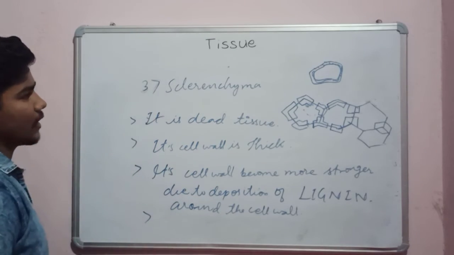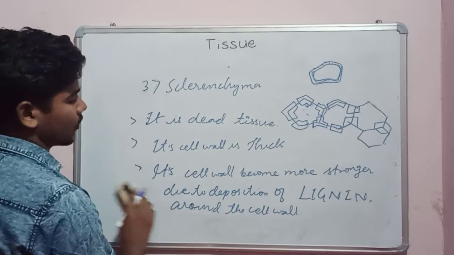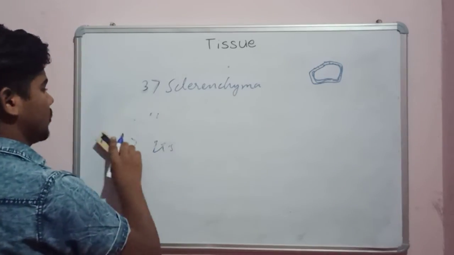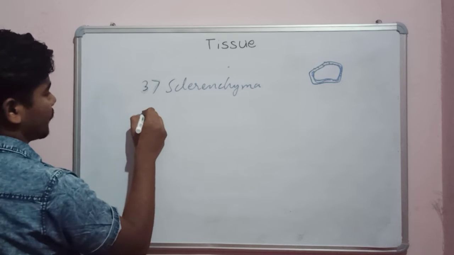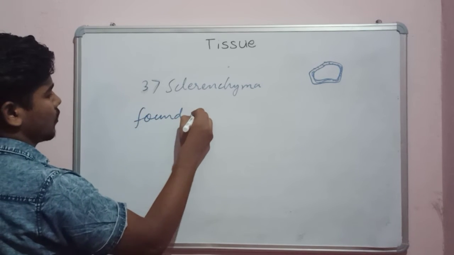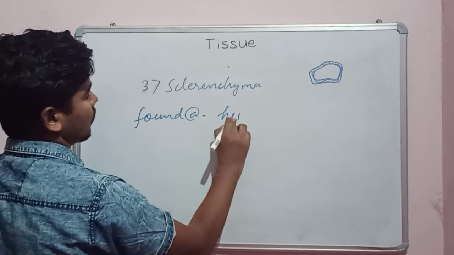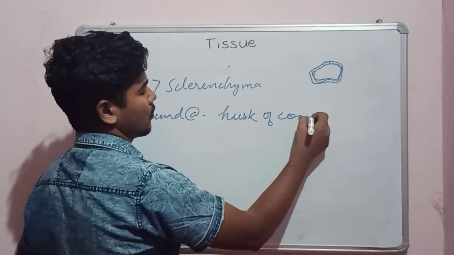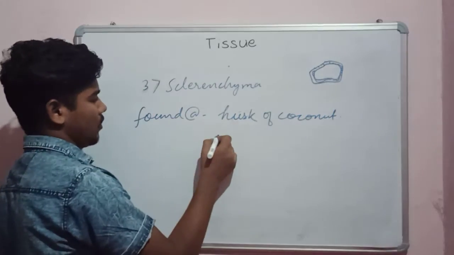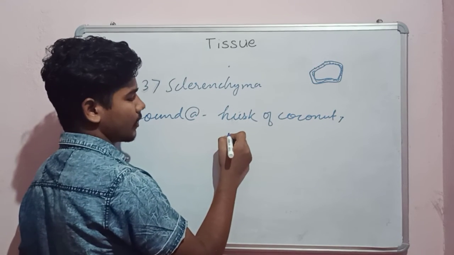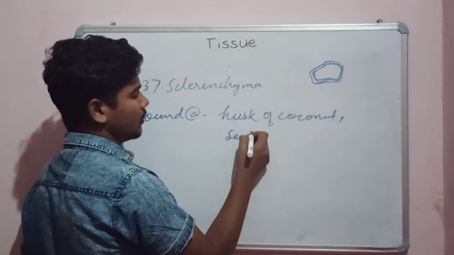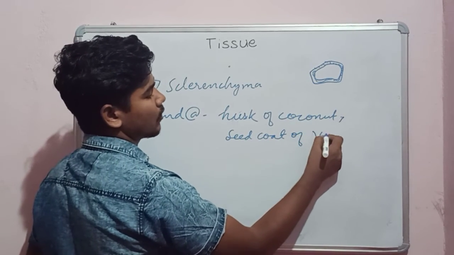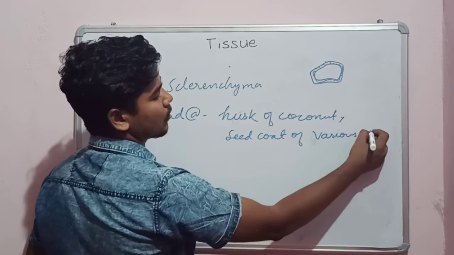Now let's talk about its presence. It is found in the husk of the coconut and the seed coat of various seeds.